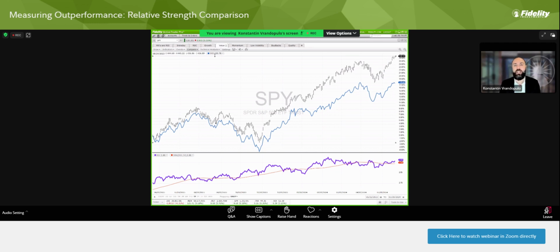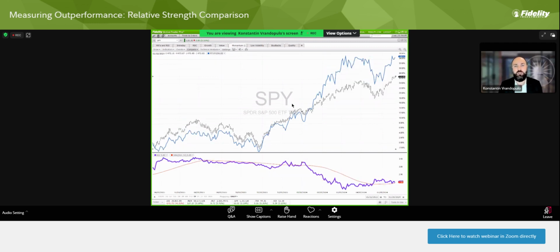No. It's just a product that has a lot of AUM, a lot of assets under management, that trades fairly liquid, and is tracking what I would like to compare the performance of the S&P 500 to. So what is growth doing relative to the S&P? What is value doing relative to the S&P? Those are two key, very important qualitative factors.